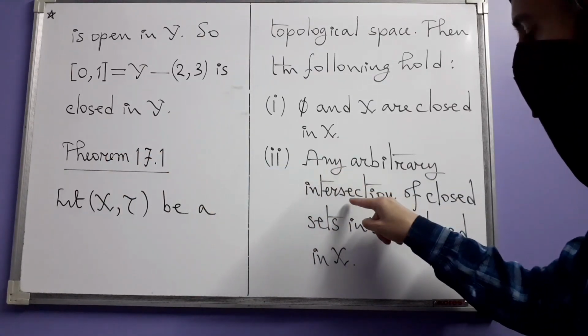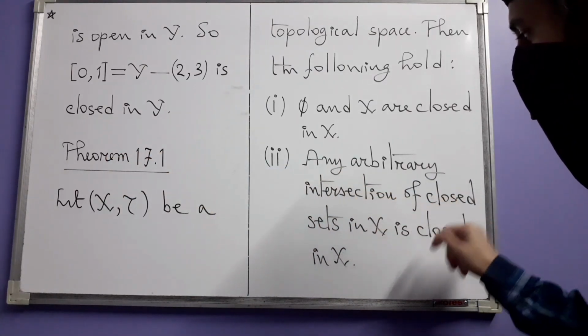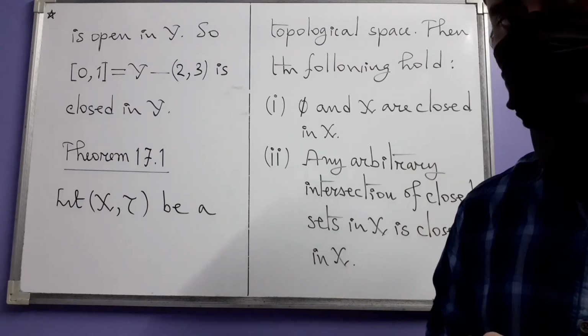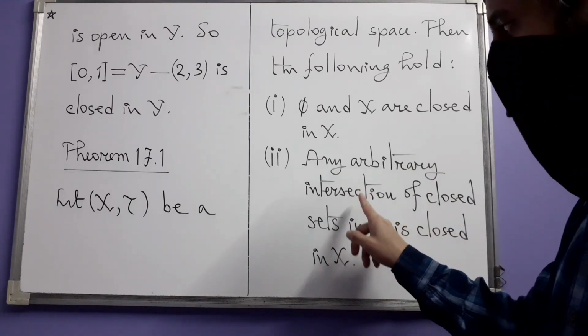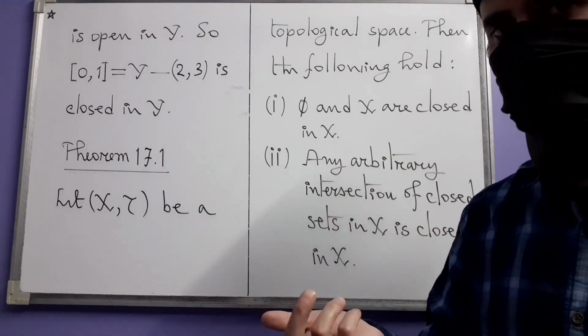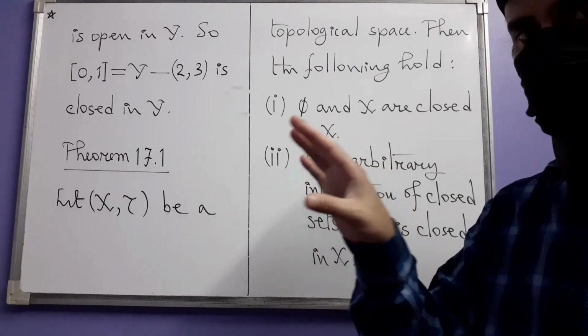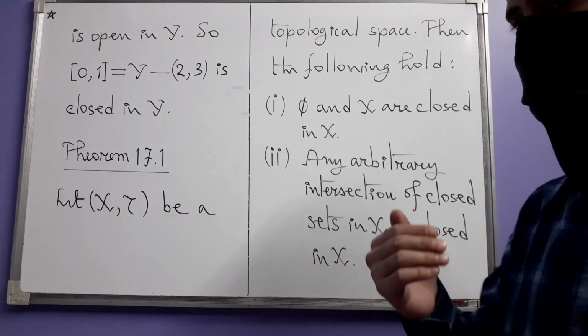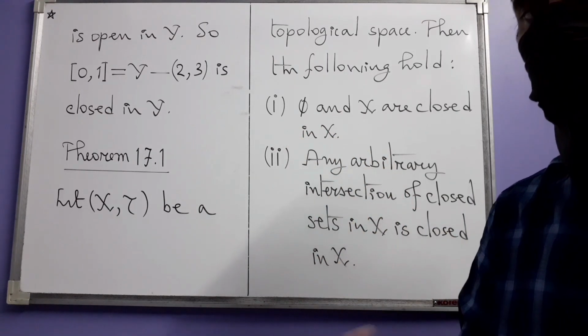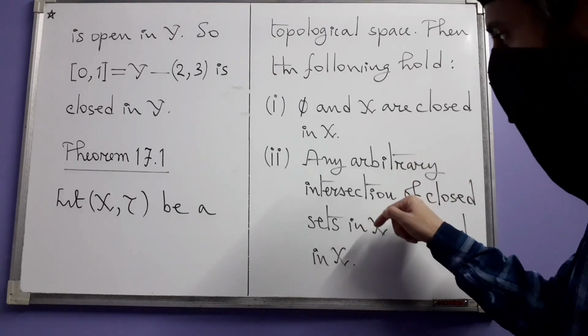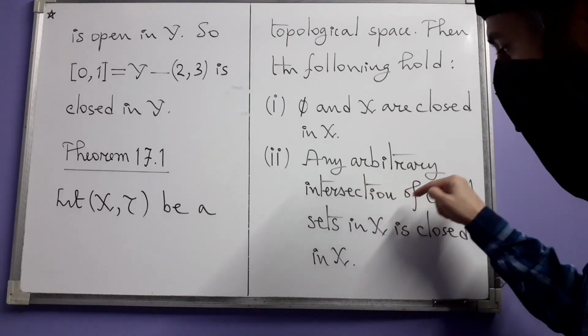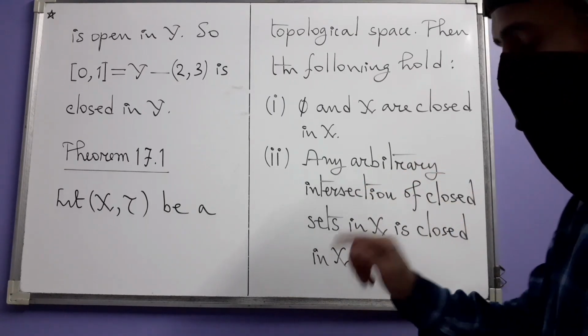Number 2, any arbitrary intersection of closed sets in X is closed in X. You can compare this with the similar property for open sets, which actually is not a property. I mean, it's a part of the definition that an arbitrary union of open sets is open. Here, any arbitrary intersection of closed sets is closed.